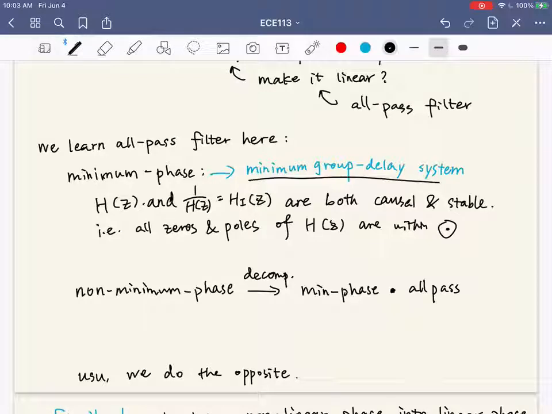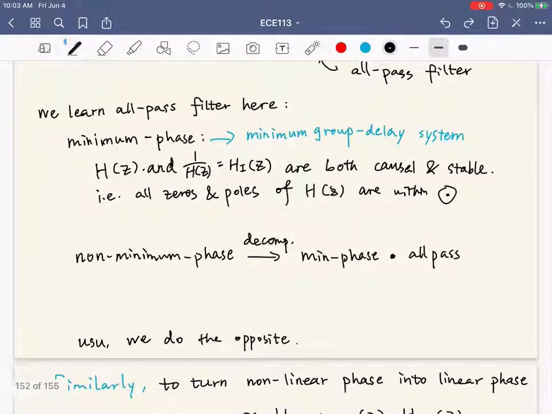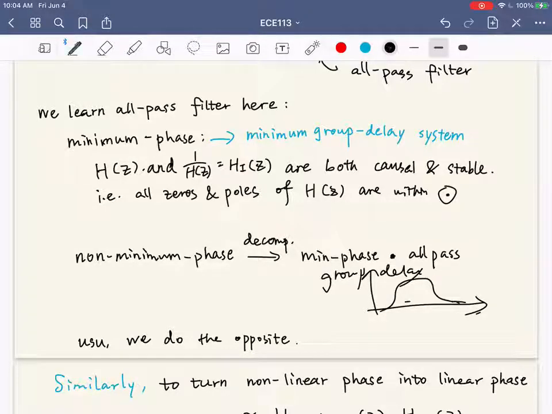Or you can say the minimum group delay. Okay, so minimum phase systems are usually called minimum group delay systems. But the minimum group delay doesn't mean the group delay is a constant. Sometimes it is still a curved group delay. So you can see that it is minimum compared with the systems with other properties.